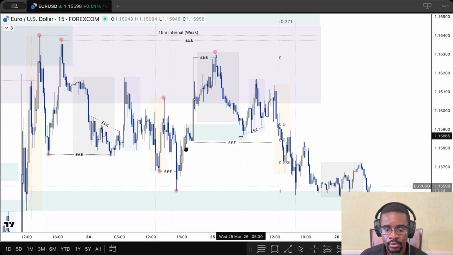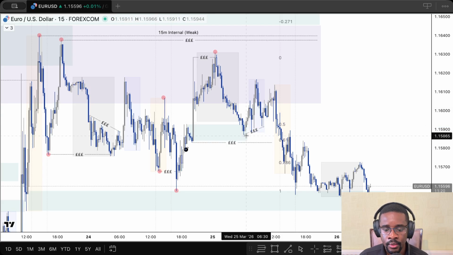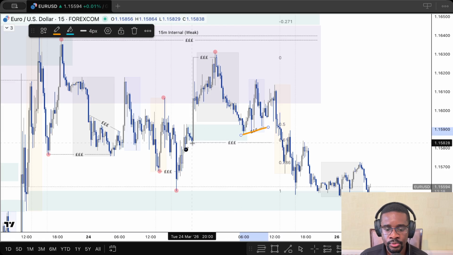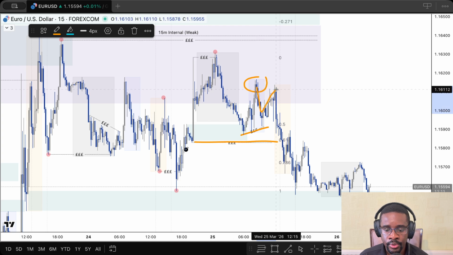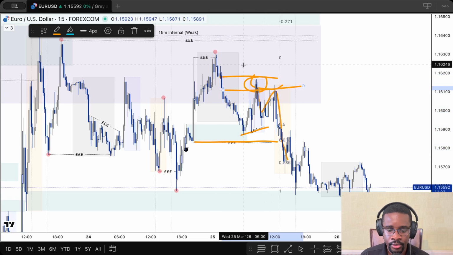One, two, three touches, and that was liquidity to be targeted, as well as this low, which I was anticipating. From there, that would have been a trade if you were looking at Asia mid-range, after it mitigated this imbalance.